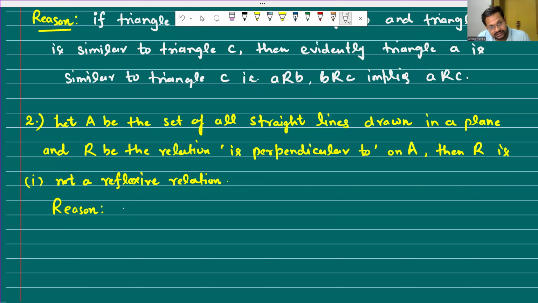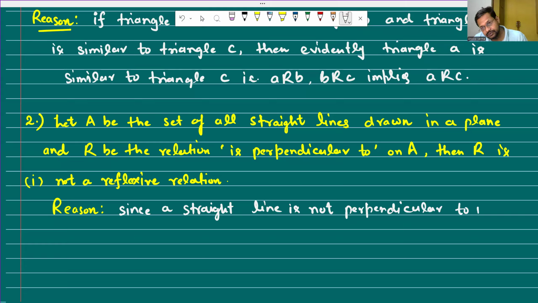Since a straight line is not perpendicular to itself, not perpendicular to itself.